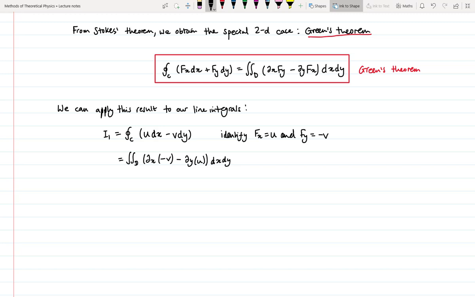And moving signs around, we get minus the integral over the region of dxv plus dyu dx dy.